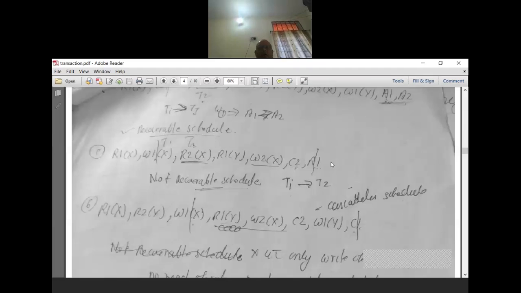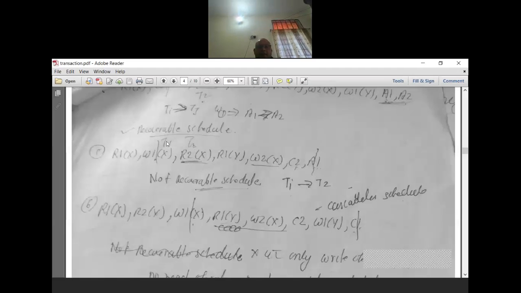Now I am saying that this one, suppose this is write 1X. That means T1 transaction is performing the first write operation, completion of that transaction 1, and in between there is a read operation performed on the same data item.